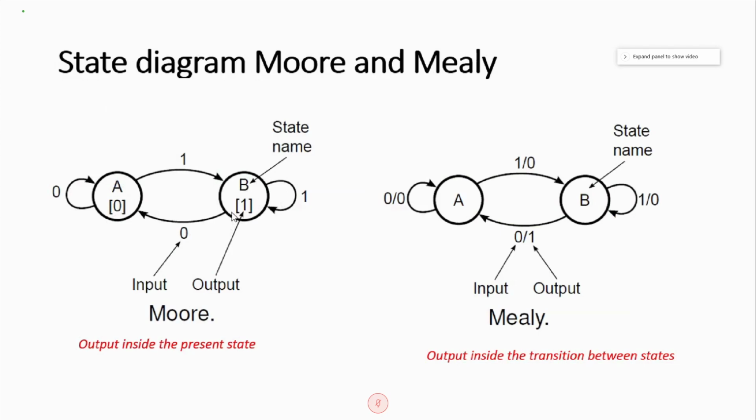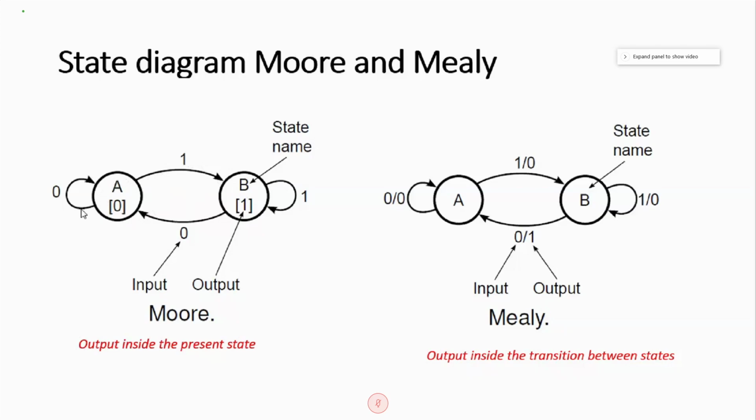The output stays inside the state, which means the output only depends on this state B. So the input here has no direct influence on the output. So this is Moore. The line here is a transition. This transition is based on the clock. So for example, you are here. Once the clock comes, then you see from your design what happens.